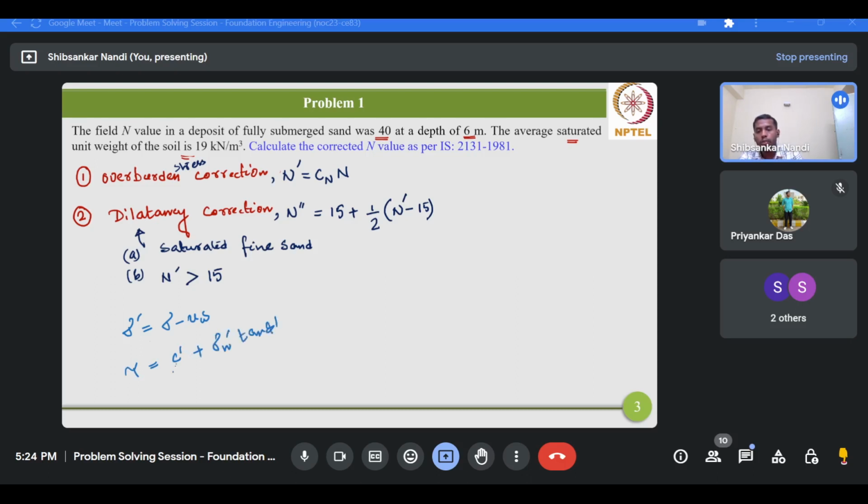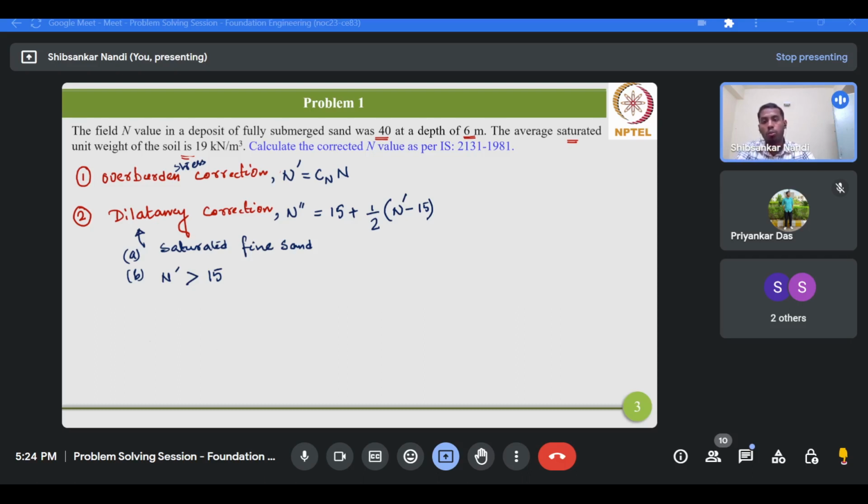For sand, the C prime part is 0 and sigma n prime is the effective normal stress. So the effective stress is increasing, and you will get more strength. That's how we are overestimating the response compared to the actual scenario.